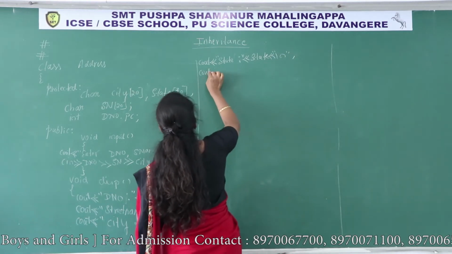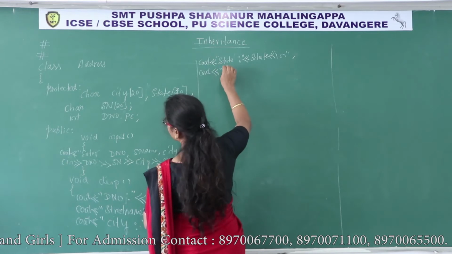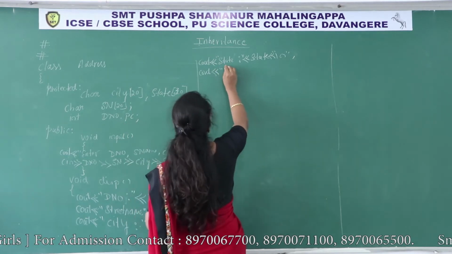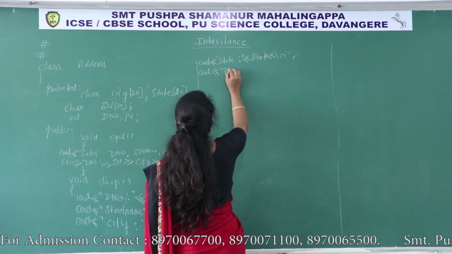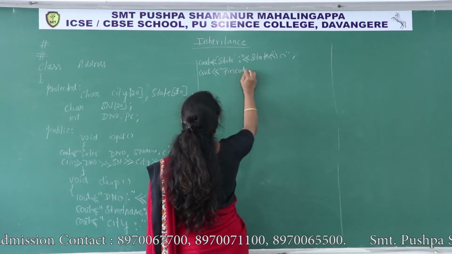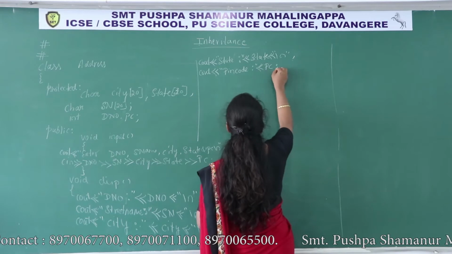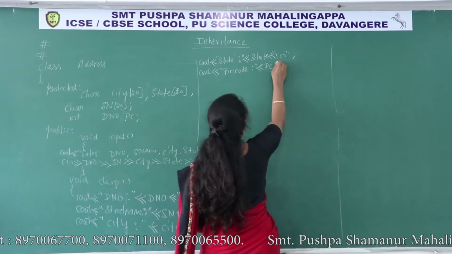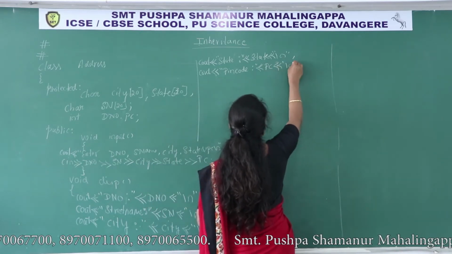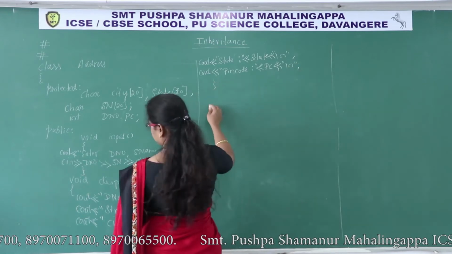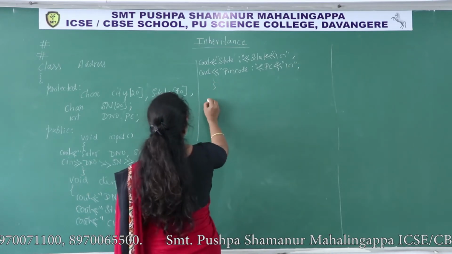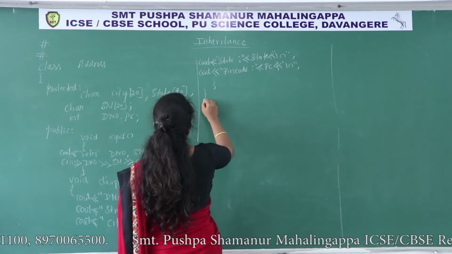Cout, then pin code, PC, semicolon. Now I'll close the class here.